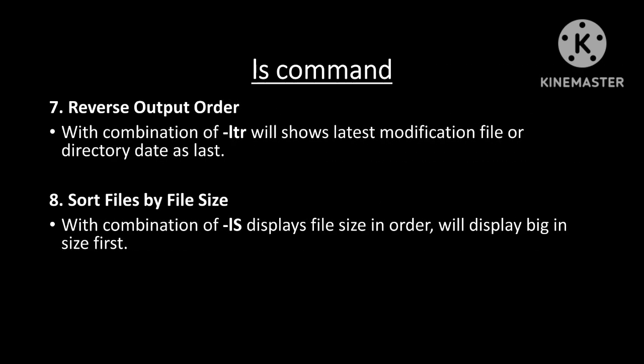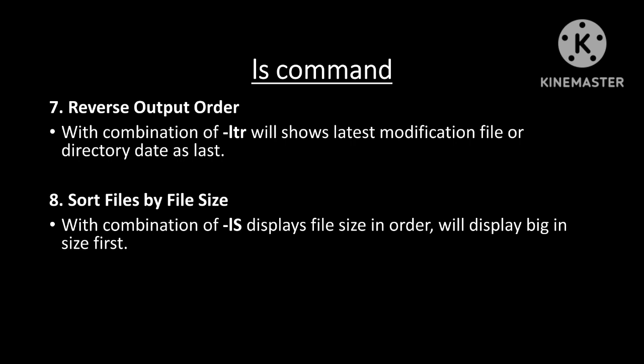Then if you want to print the files in reverse output order by time, then you have to give the option ls -ltr. So -ltr will show the latest modified file or directory last. That means the most recently modified file will be at the last and the oldest modified file at the first.